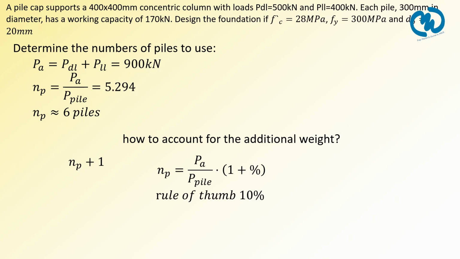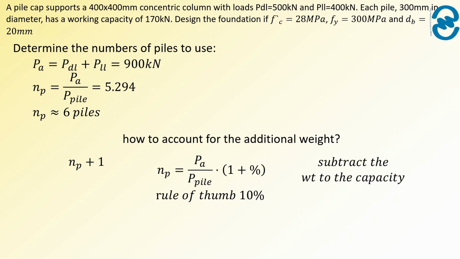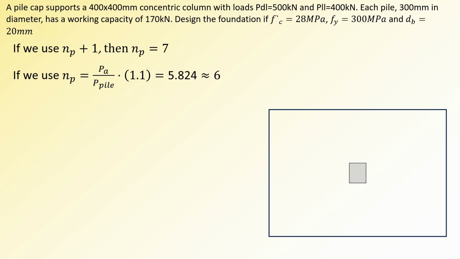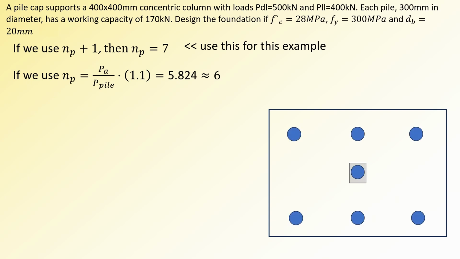Alternatively, if the additional weight is known, it can be subtracted directly from the working capacity to refine the result. By applying the first two options, we can determine the required number of piles. However, for this example, we'll use the add one pile approach. Next, we can calculate the pile dimensions by first selecting the most suitable pile layout.